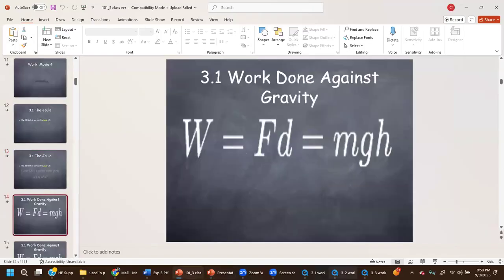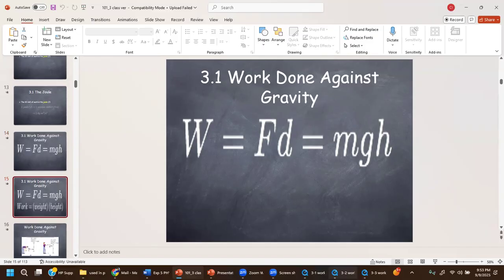So your work is force times distance, and your force is going to be your mass times acceleration, which in this case is your mass times gravitational acceleration, multiplied by the distance, which we call height. So it's mgh.